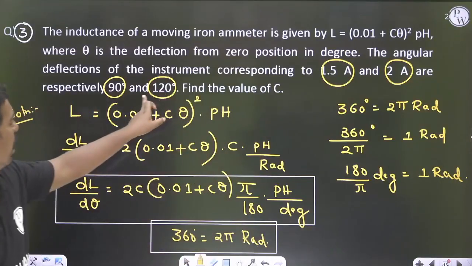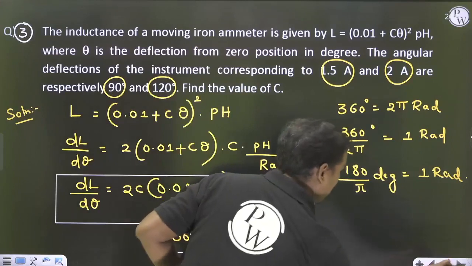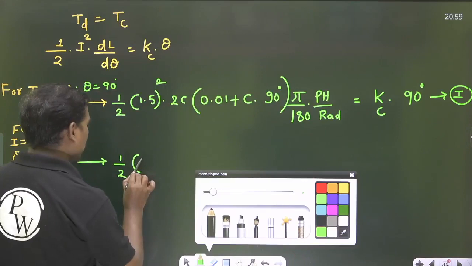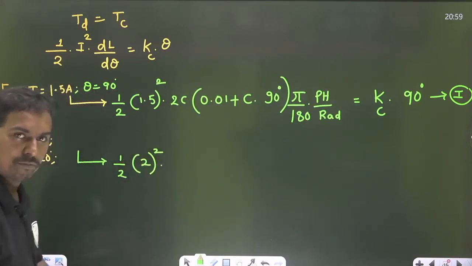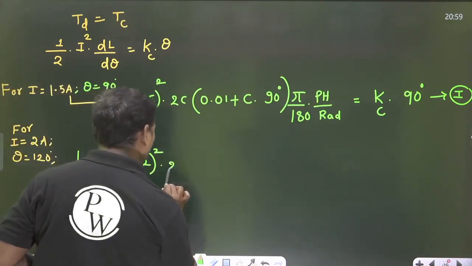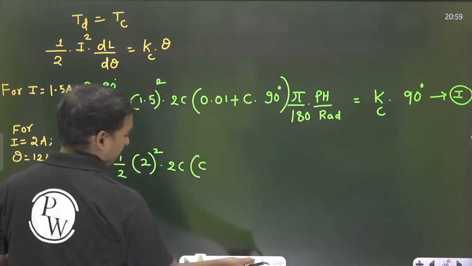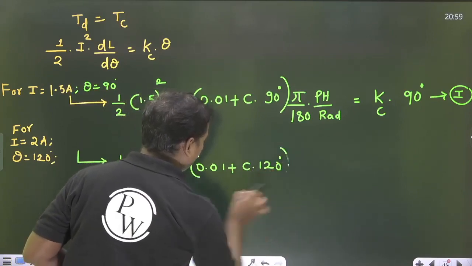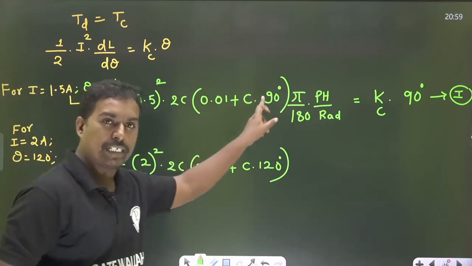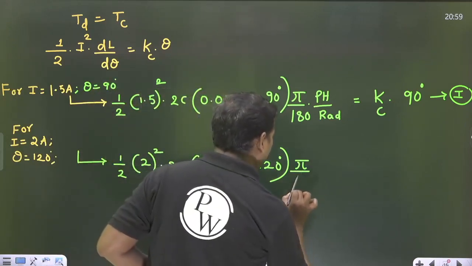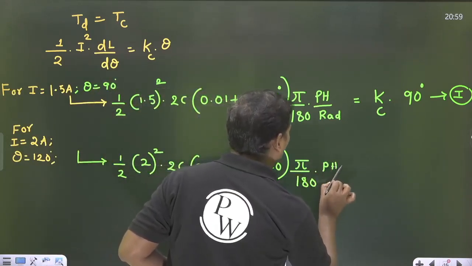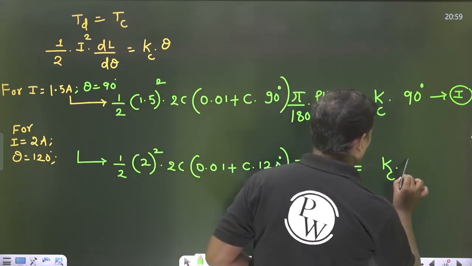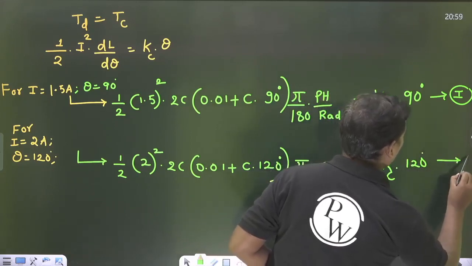So if I substitute that, these are 2 amperes whole square, and 2C as it is, 0.01 plus C, 120 degrees, and this is pi by 180 picohenry per radian. That is equal to Kc into 120 degrees. So this is equation 2.